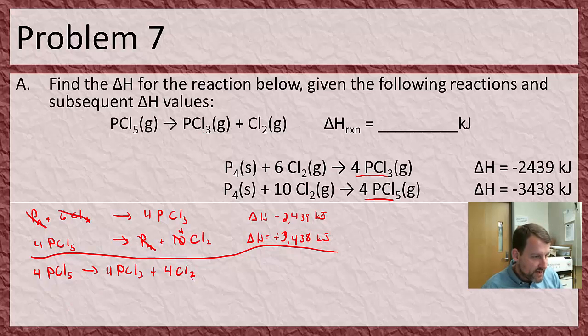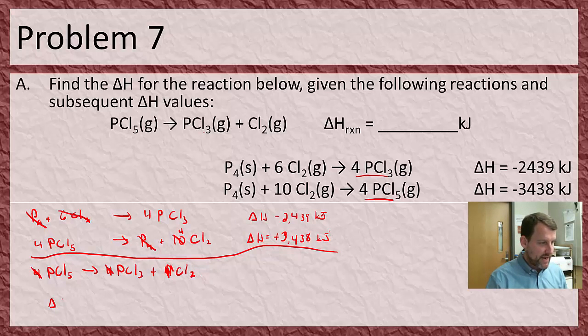But now if you notice here, I actually divide all of this by 4. I have 4 times more than I need in my problem. I need a 1, a 1, and a 1. So all I'm going to do is divide this by 4. So this becomes a 1, this becomes a 1, this becomes a 1. Now that means if I divide this by 4, I'm going to have to divide all of this by 4 as well.